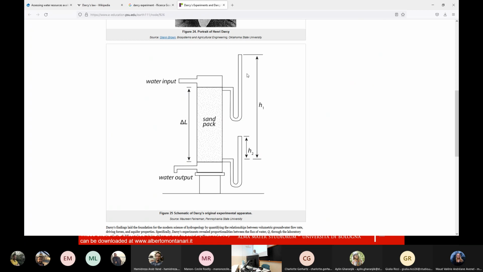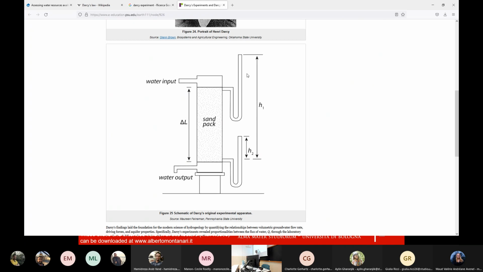And what he did was to measure the water pressure at the entrance of the sandbag through a piezometer. You see, this is basically a tube measuring water level. So he was pouring water with a pipe in the input, and then he measured the water height, which is a synonym of the water pressure at the entrance. And then he also measured the water height at the bottom of the sandbag.